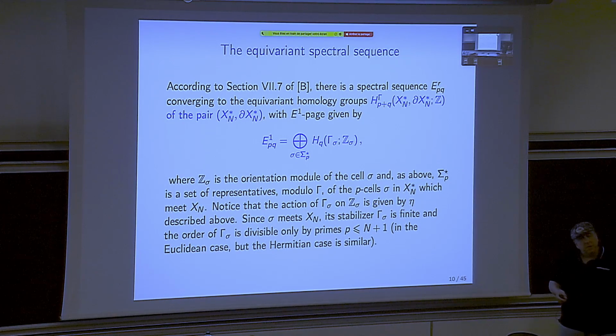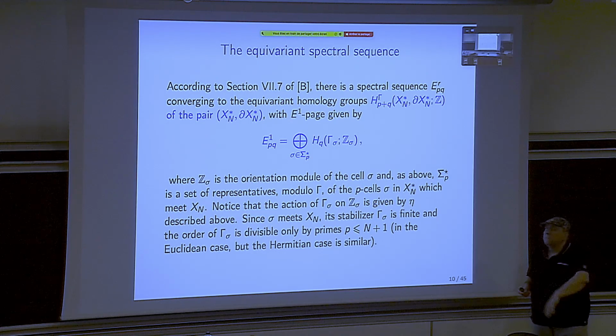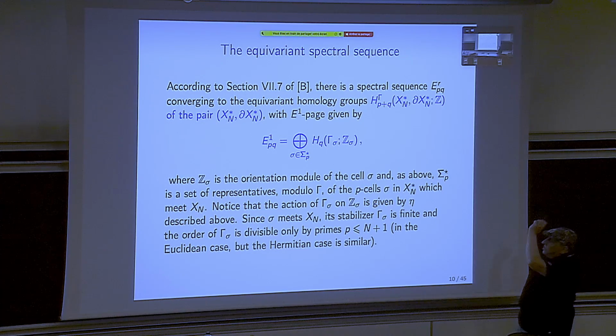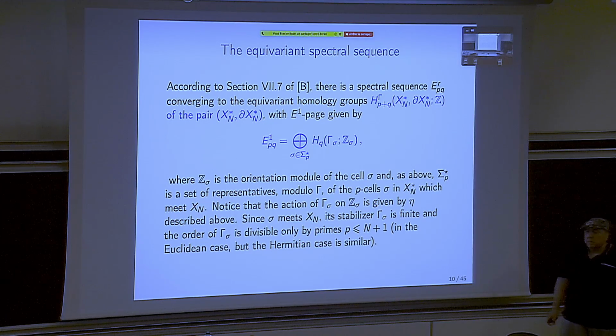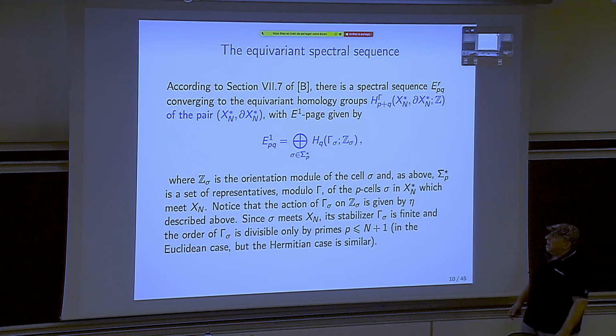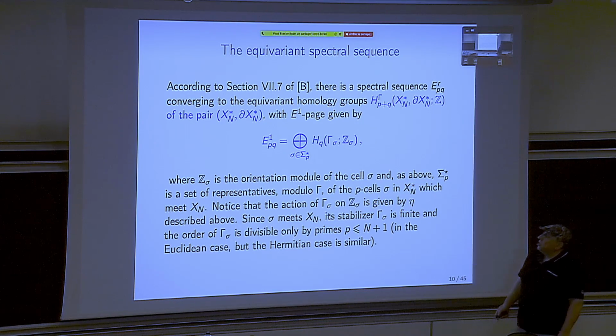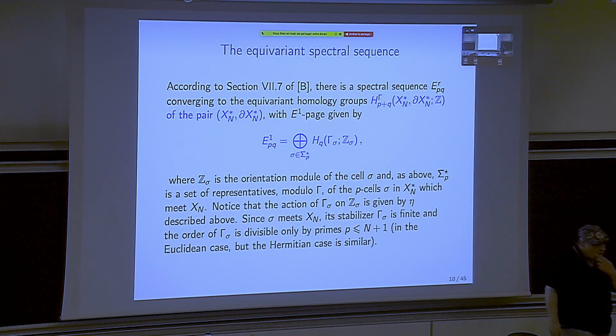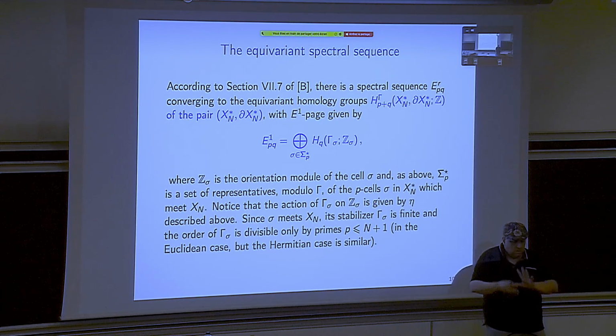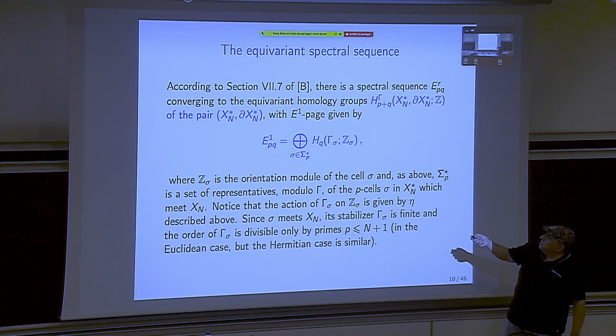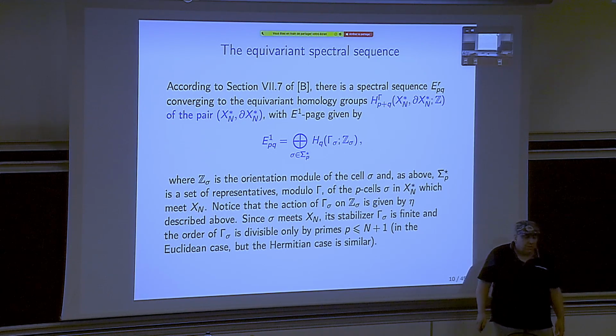So you have the machinery described in the book of Brown, in section 7 on equivariant spectral sequences, and you can just apply it because, as I said, you have all the nice properties, and you end up with the E1 page, which is given by the homology of the stabilizer of the cells, and with the action, of course, on the cell.